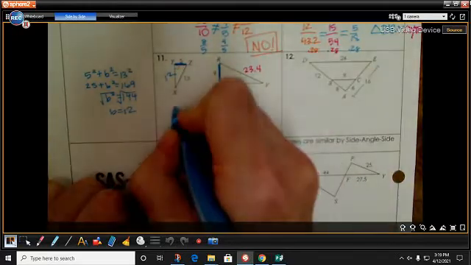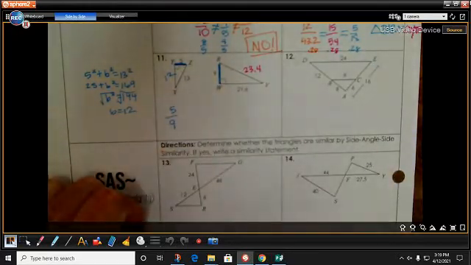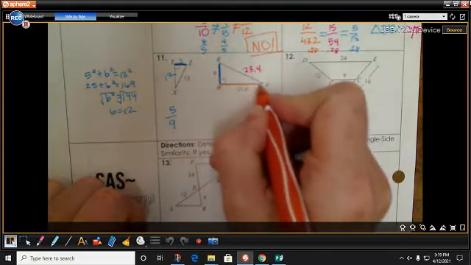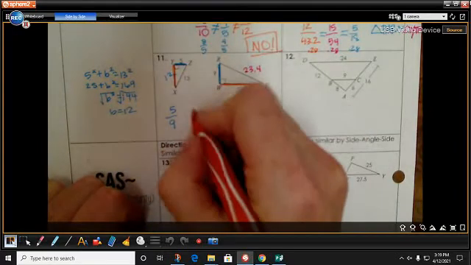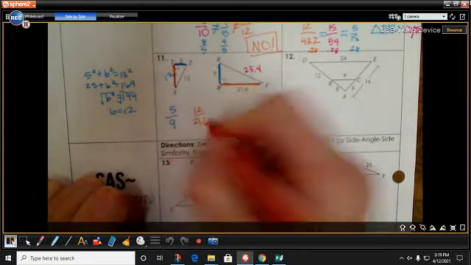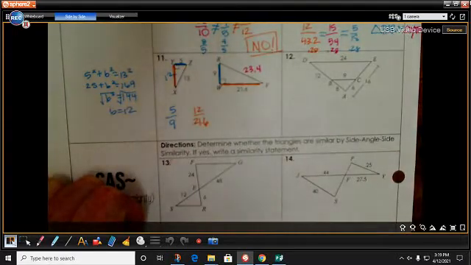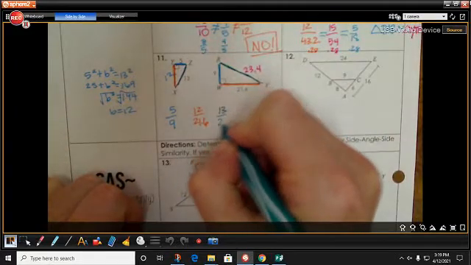So I'm going to put the 5 with the 9. And then, coming around the other side of my right angle, I'm going to put the 12 with the 21.6. And then on the last side of my right triangles, on my hypotenuses, I'm going to have the 13 to the 21.6.